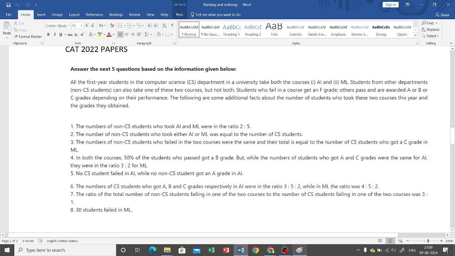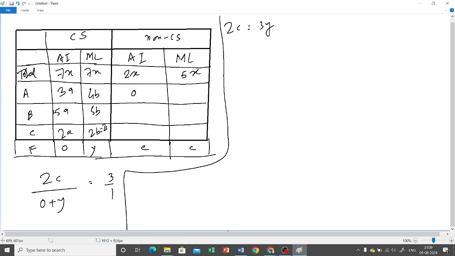Okay, now it is given 30 students failed in ML. So that means y plus c is 30.